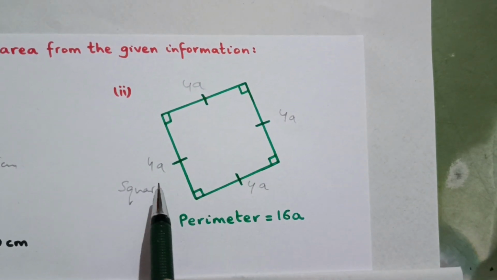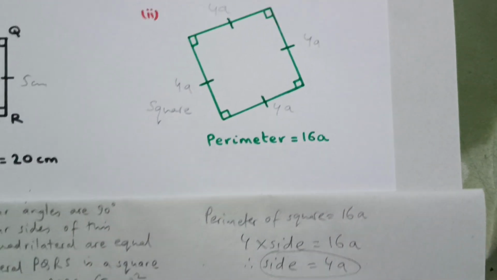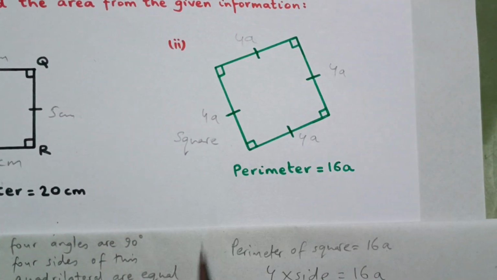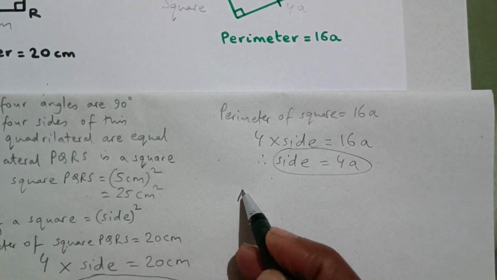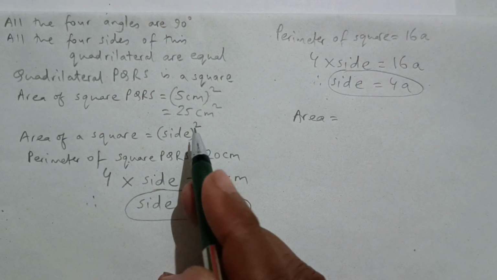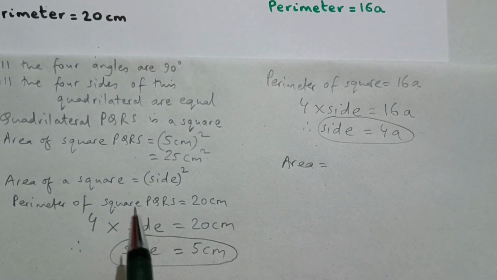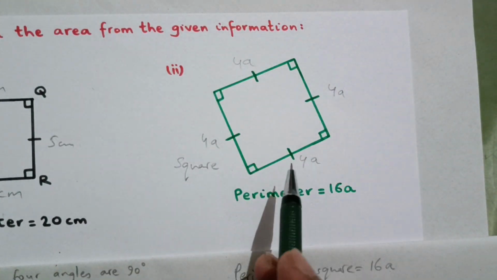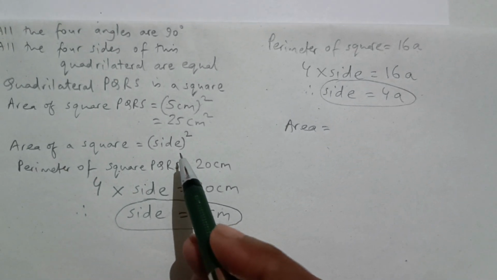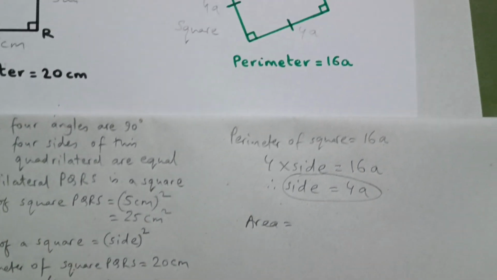It is 4a. And now I will apply this formula to find the area of this square. So area of this square will now be side square. Now each side of this square is 4a. So instead of side, I will write 4a.